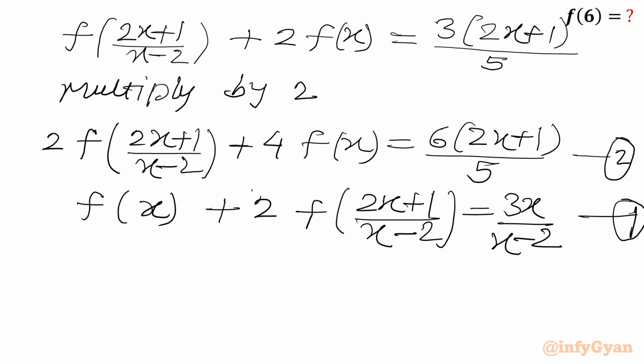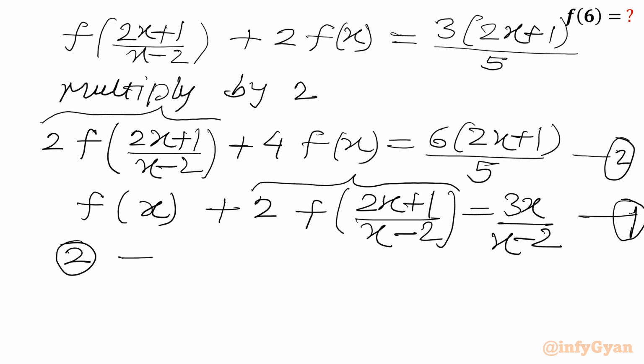As you can see, this will get over. So I will write equation 2 minus equation 1. So I can get 4 f of x minus f of x, we will get 3 times f of x. These two terms will get over.